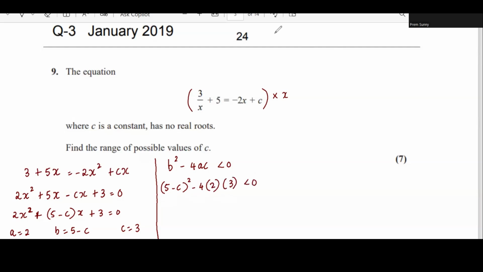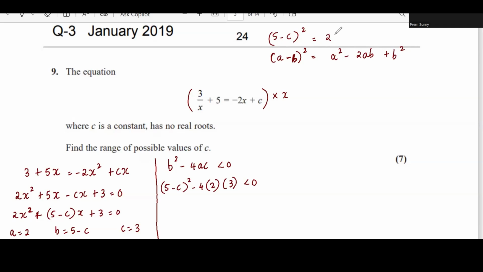Now (5 - c)² is basically (a - b)². We know the formula: a² - 2ab + b². So instead of a, we have 5.